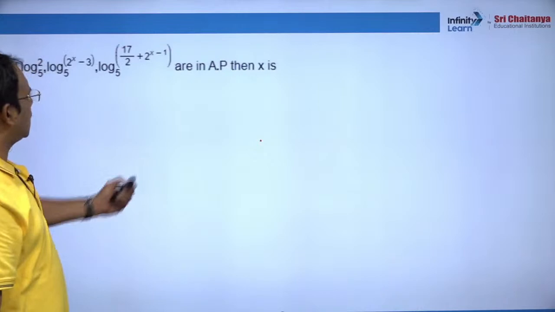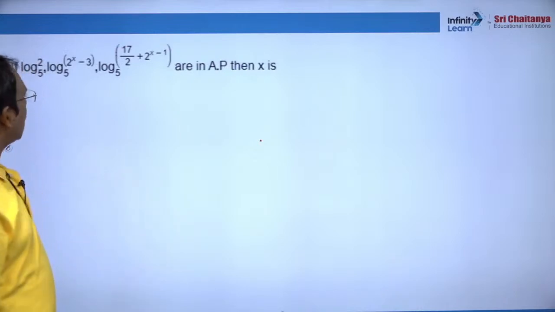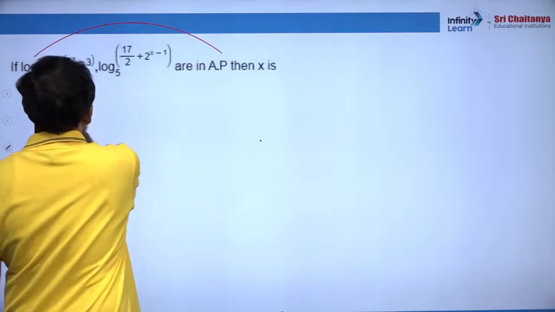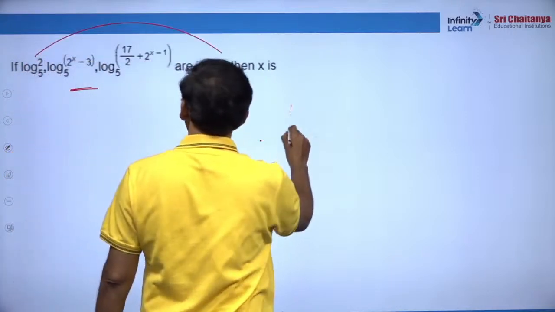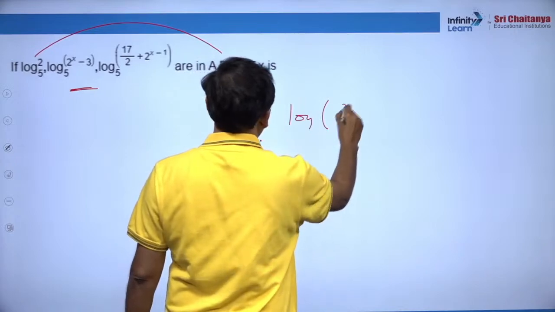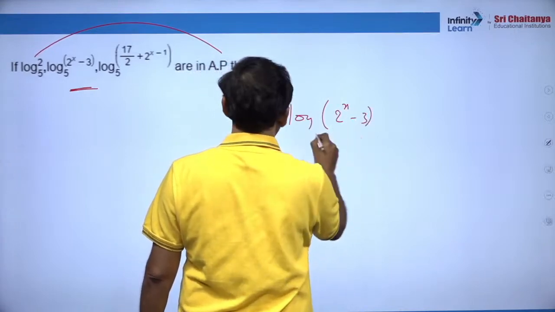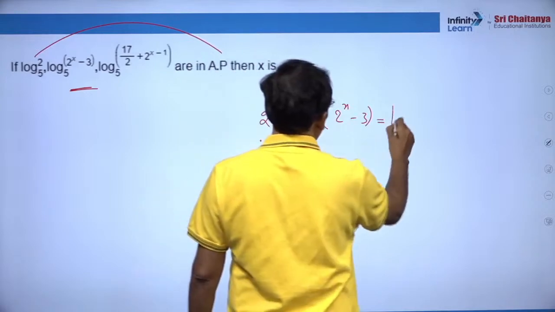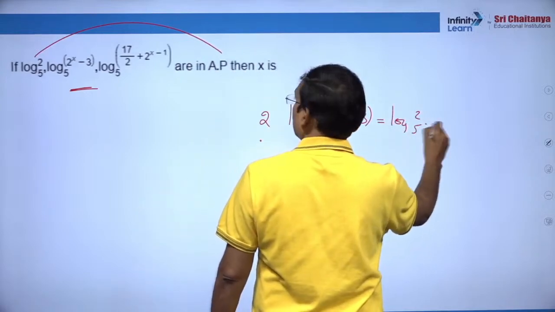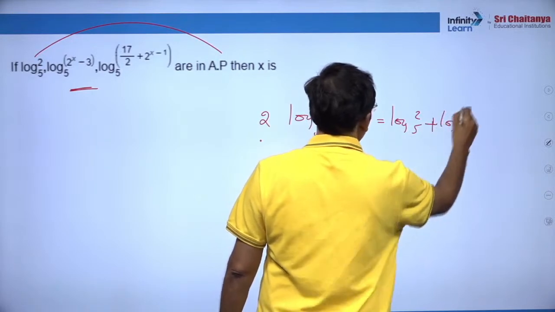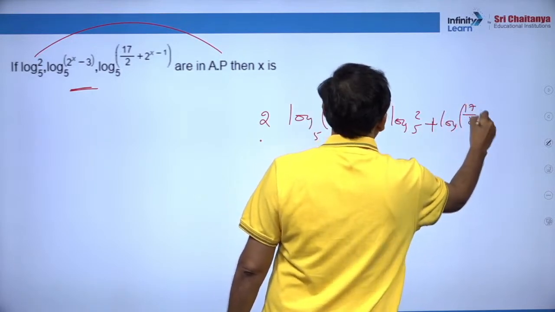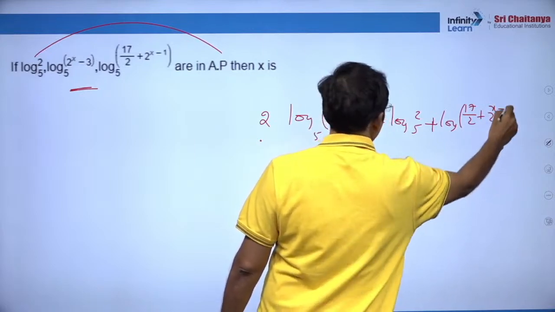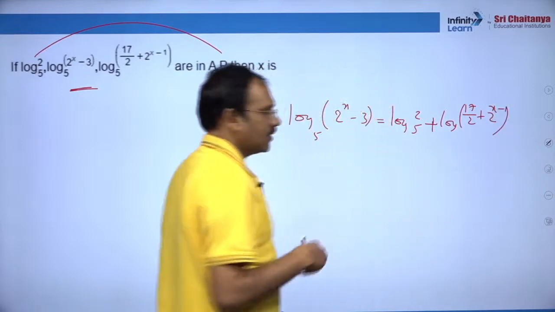Next, this is a simple equation. If 3 numbers are in AP in logarithms, you know first number plus second number is twice the middle number, that is log of 2 power x minus 3 base 5 into 2 is equal to log 2 base 5 plus log of 17 by 2 plus 2 power x minus 1, I guess minus 1 is here, this is the one, right.